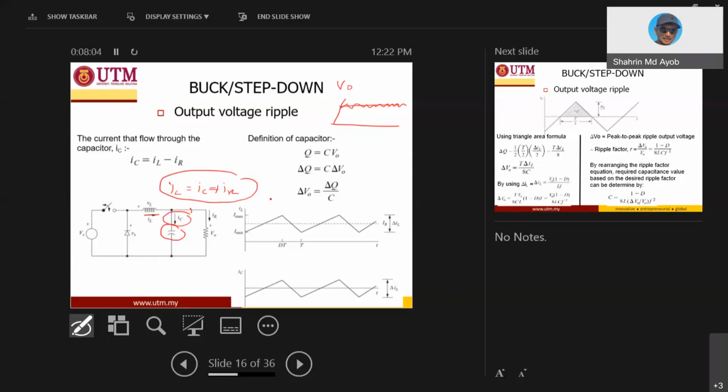And we already know the inductor current is like this: positive ramp, negative ramp, and again positive ramp, negative ramp. And we know that IR is a constant, a DC current. So IC is IL minus IR.